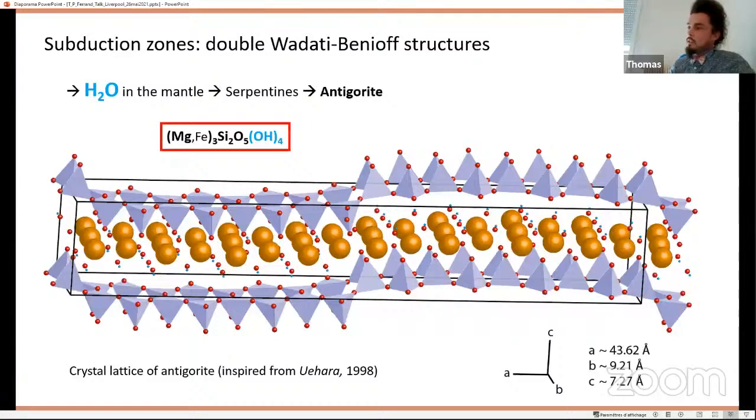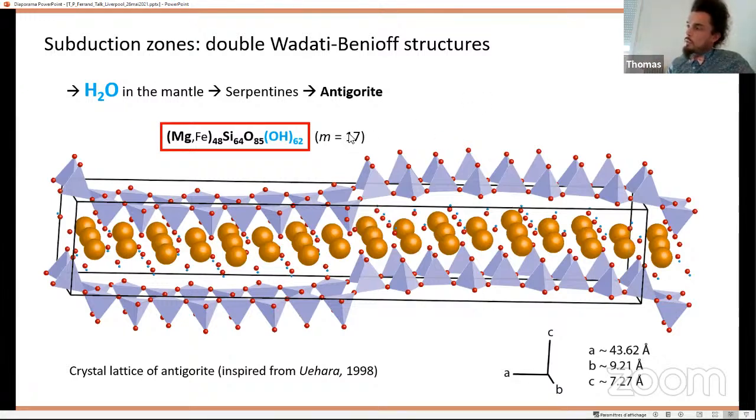This is the general formula of serpentine minerals, but the actual composition of antigorite is somehow more difficult, and this is actually the composition here for M, the modulation of the period of the mineral lattice.